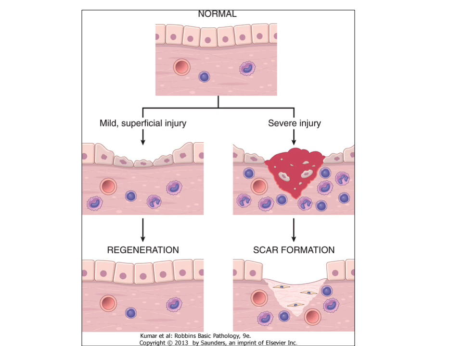When there's superficial injury, or if the injury is mild and the cell population is capable of reconstituting itself, then there will be regeneration or complete repair. However, if the injury is severe and the architecture is damaged, instead of regenerating the component cells, the body will fill it up with collagen, leading to the formation of a scar.